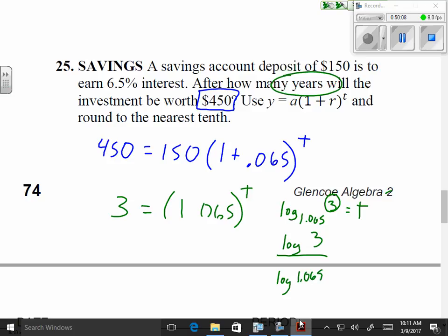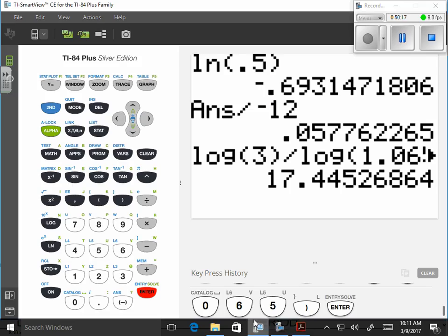And I end up having exactly the same thing in my calculator that I did before. Log of 3 divided by log of 1.065, which is 17.445268.